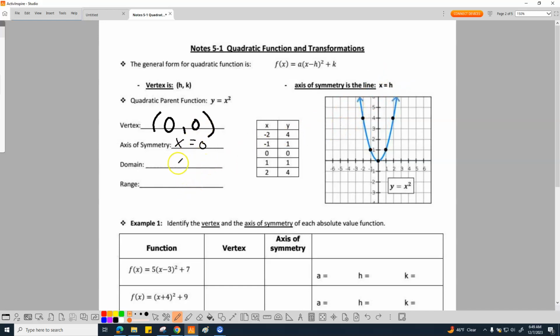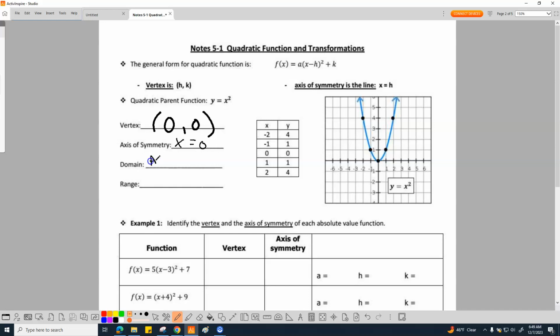Domain. This is going to be one of those fun things. Domain, I'm going to use interval notation. Domain in this case is x values. What are the potential x values that can go into this? If you look at the left-hand side, you can see this going all the way over, and it would go left forever. And if you see this right-hand arrow, it would also go right forever, which means this is all reals.